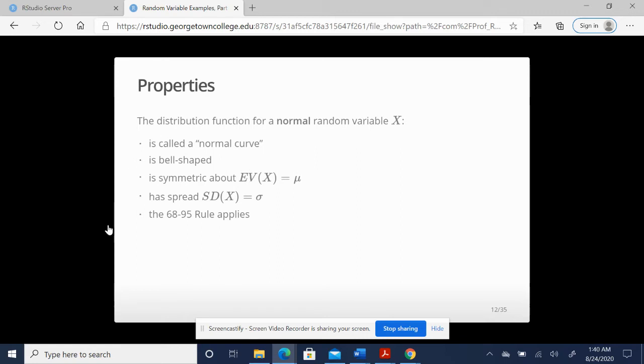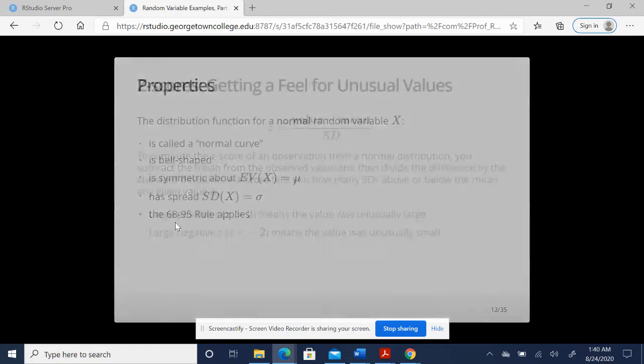It also has spread, the standard deviation of x, which we will see called sigma. Okay, mu and sigma, mean and standard deviation. Once we know that we have a normal distribution, that it is bell-shaped and symmetric about the mean, then we know this 68-95 rule applies.